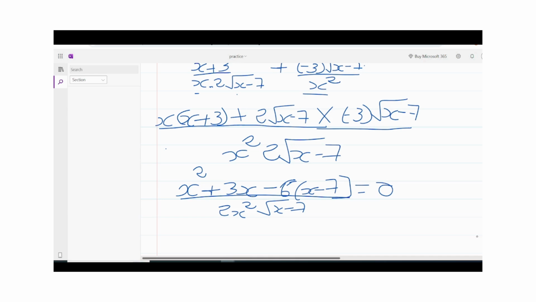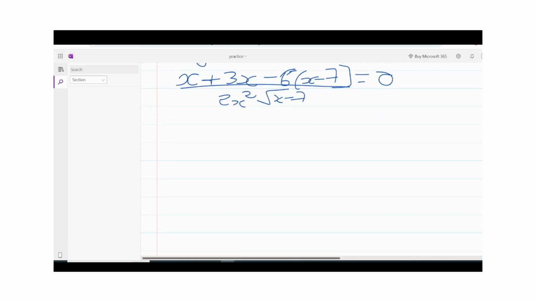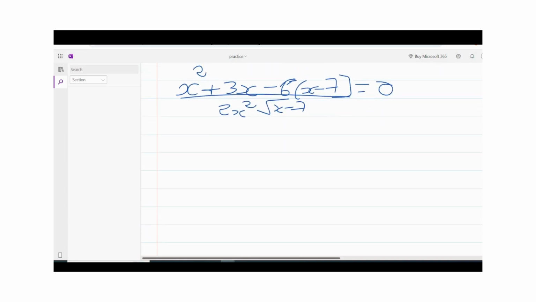The denominator term will go to the right hand side and become 0 eventually, and on the numerator term we will perform middle term splitting. x square plus 3x minus 6x plus 42. This leaves us with x square minus 3x plus 42.